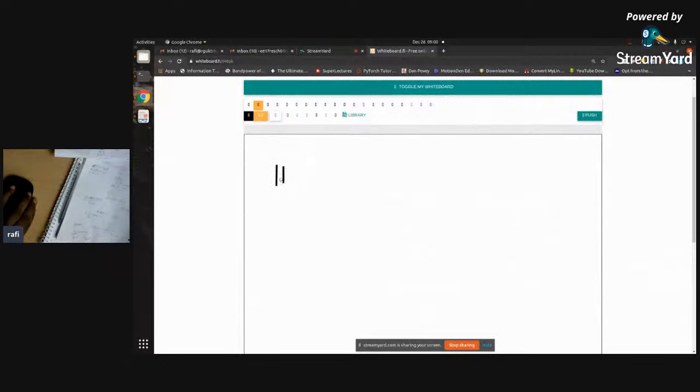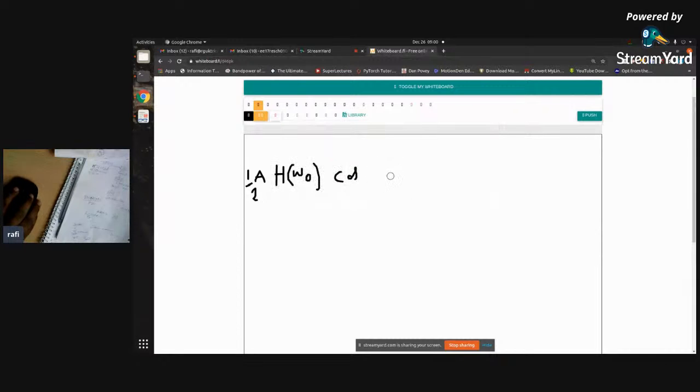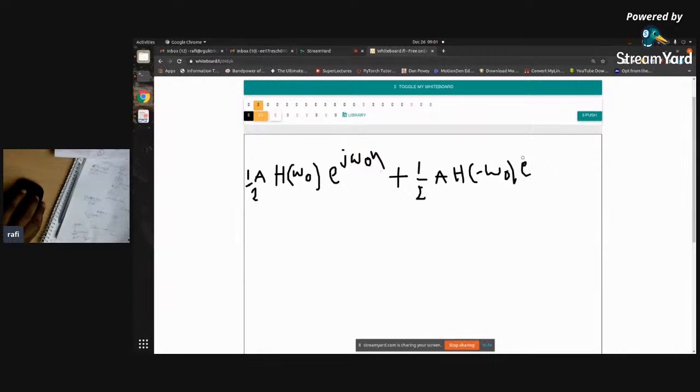One is half a into h of omega naught into e power j omega naught n, plus half into a into h of minus omega naught e power minus j omega naught n.